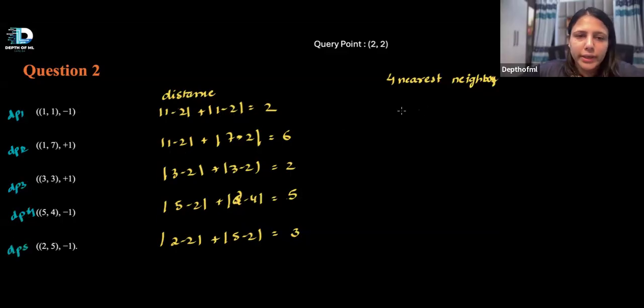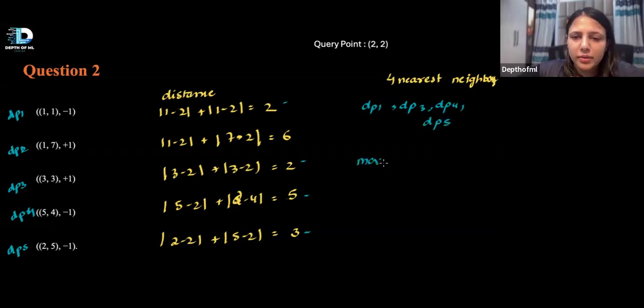You can do it very quickly, right? So the nearest distances are this, this, this, and this, and this is the farthest away point. So here we have DP1, DP2, DP3, DP4, and DP5.